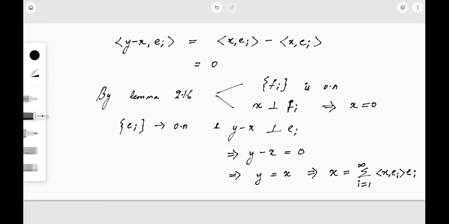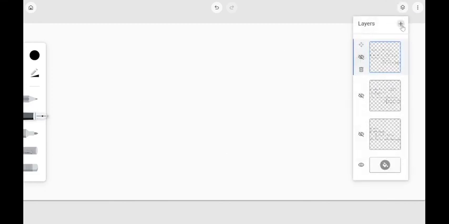So by definition, here instead of a_i I have the inner product ⟨x, e_i⟩.